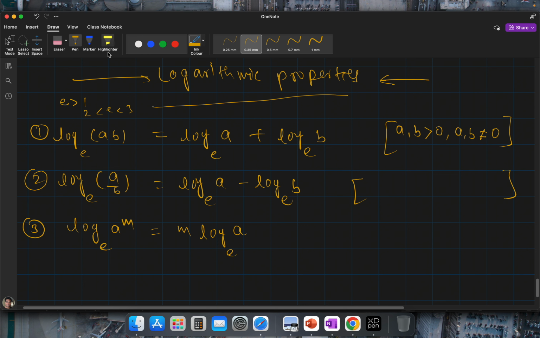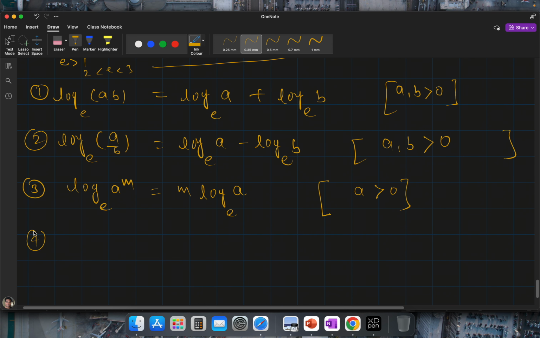So this is always taken care of. So yeah, here a and b should always be greater than 0. Okay, now in this case also, what is the restriction? Again, a and b should always be greater than 0. Here, what is the restriction? Again, a should always be greater than 0.